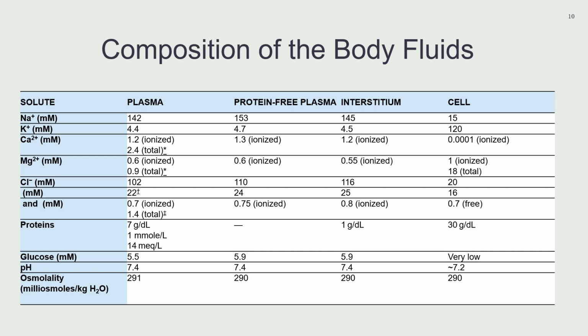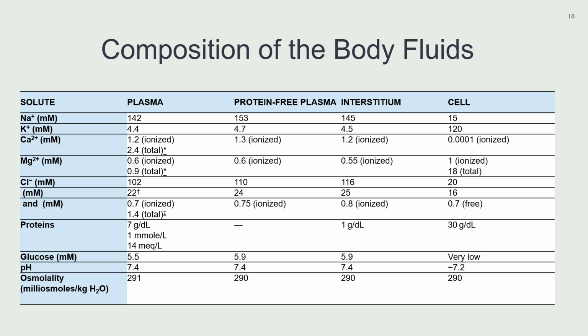Imagine that someone asks you a question. Which of the following is the concentration of sodium in the interstitial space? And they give you A, 142, B, 143, C, 144, D, 145. Oh my goodness, I don't remember exactly. I remember one was 142, 145, but I don't remember which. I'm not going to ask you that.